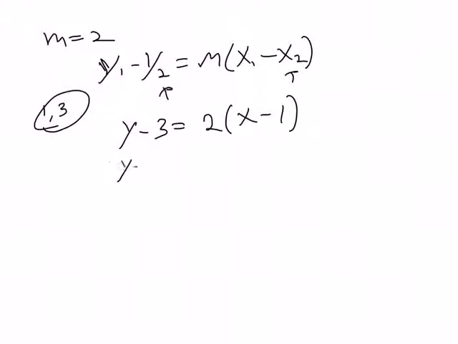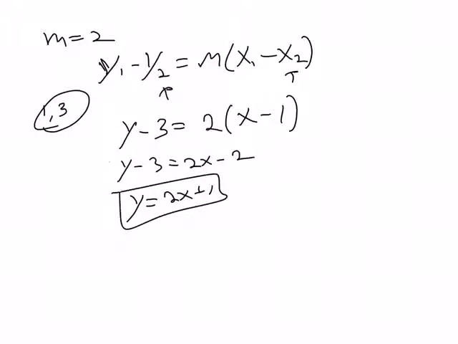So then this becomes y minus 3 is equal to 2x minus 2, or y is equal to 2x plus 1. So that is the tangent line at the point P, or 1, 3, with that given equation.